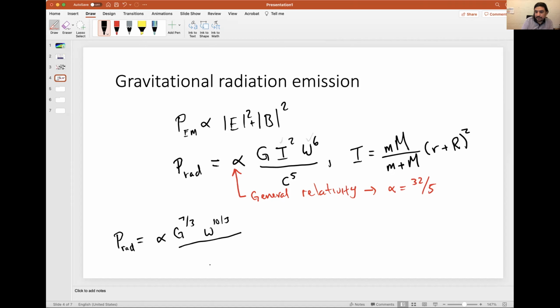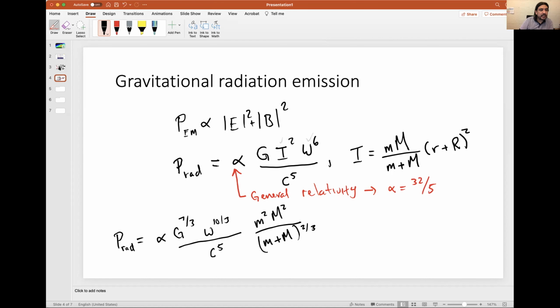Then I have the c to the 5 right here, and then I have to multiply by the moment squared, two-thirds.